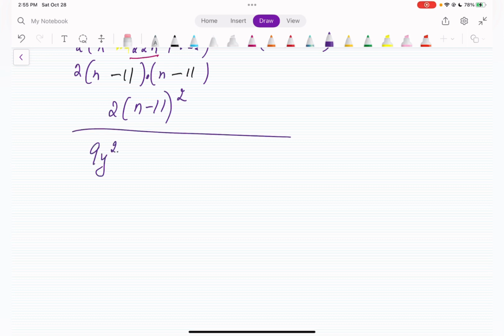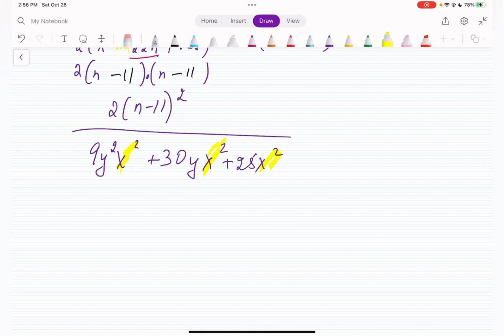9y squared x squared plus 30yx squared and plus 25x squared. What I see right away, that x squared I can take out because all three terms have x squared. And I can't take any y because 25 doesn't have any y.